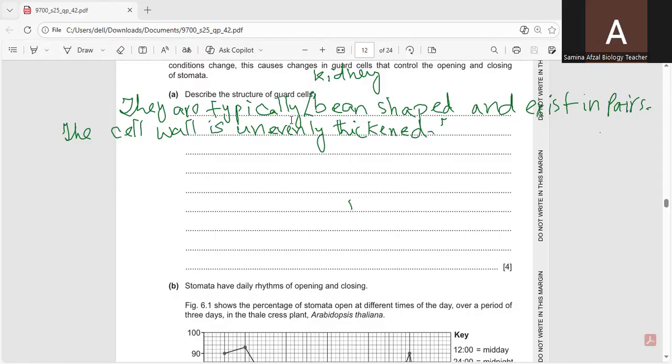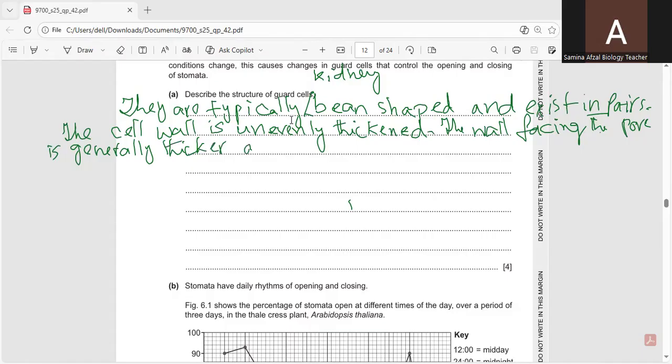The wall facing the pore is generally thicker and less elastic.